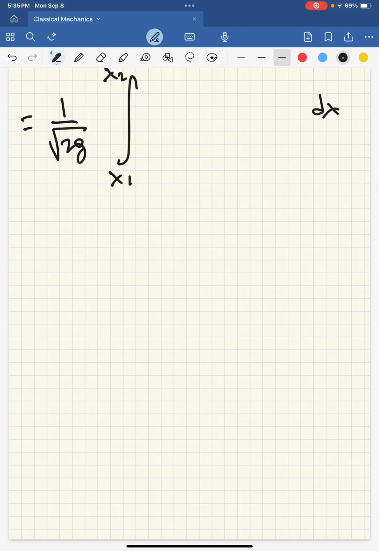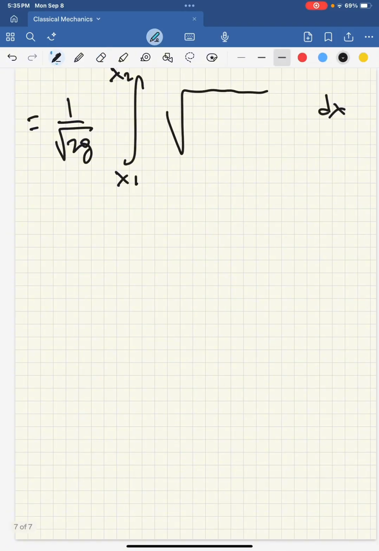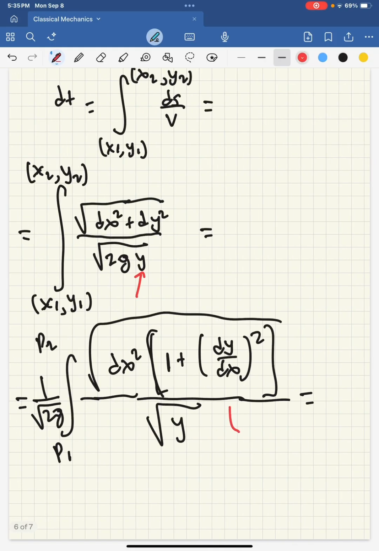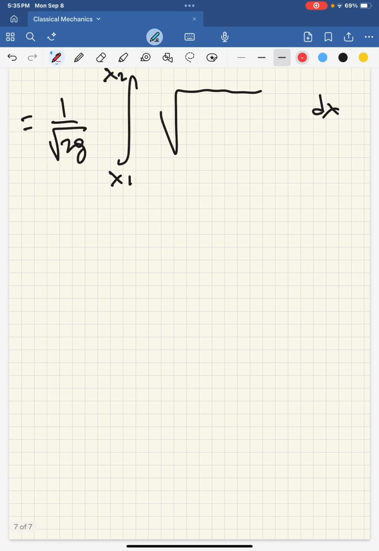As I said, it's hard to present this material on an iPad. So this dy over dx is simply y prime, right? So we have 1 plus y prime squared over y.